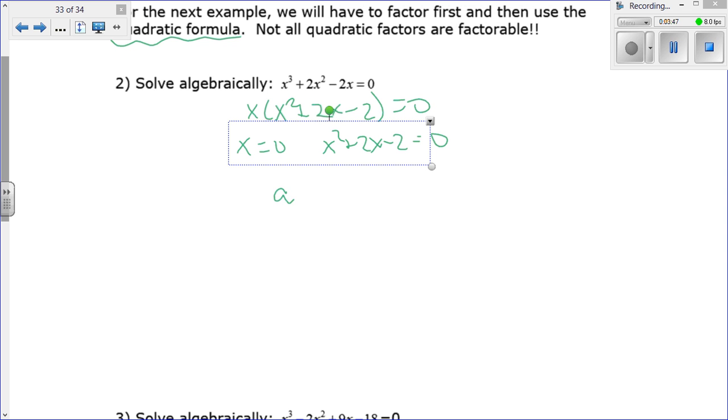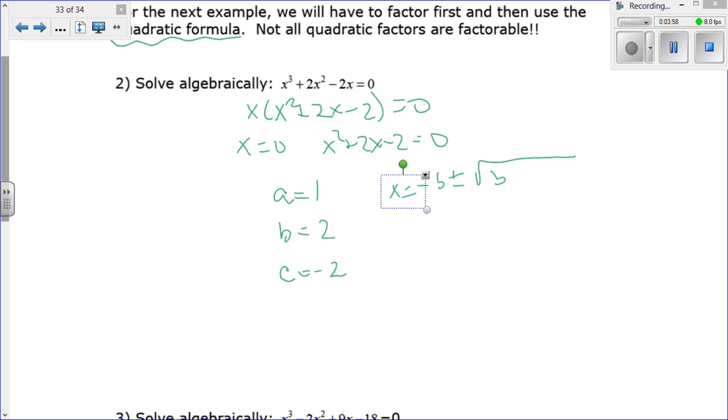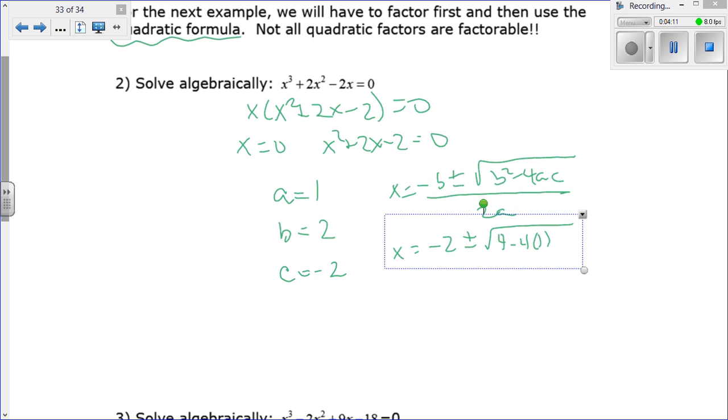So a is equal to 1, b is equal to 2, and c is equal to negative 2. So we use x equals negative b plus or minus the square root of b squared minus 4ac all over 2a. So in this case, it would be negative 2 plus or minus the square root of 4 minus 4 times 1 times negative 2, all over 2 times 1.